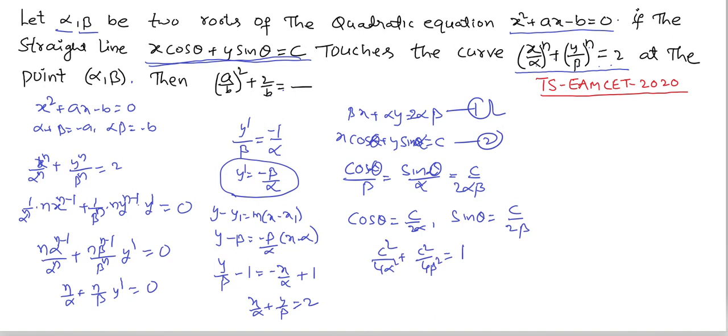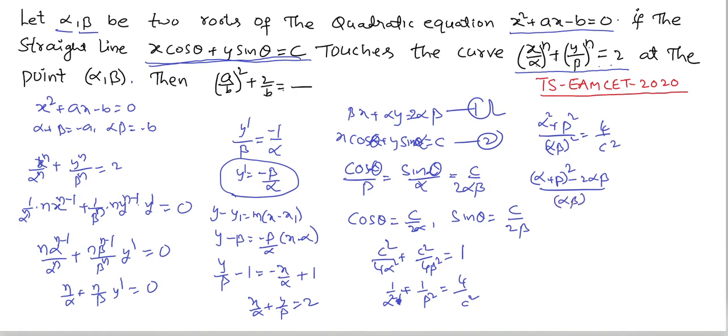So c square by 4 common, that is 1 by alpha square plus 1 by beta square is equal to 4 by c square. Alpha square plus beta square is alpha plus beta whole square minus 2 alpha beta, so 1 by alpha square plus 1 by beta square is equal to 4 by c square.